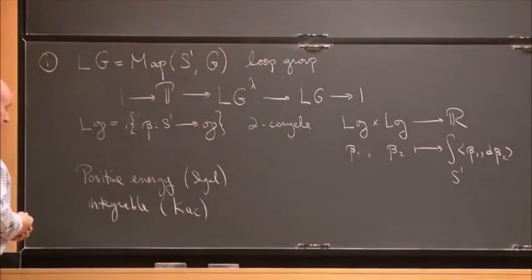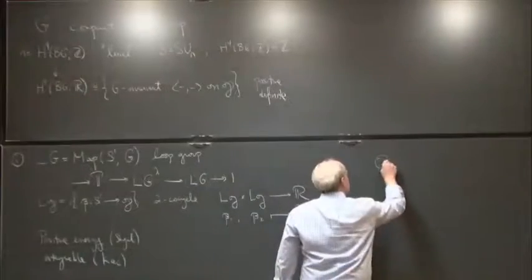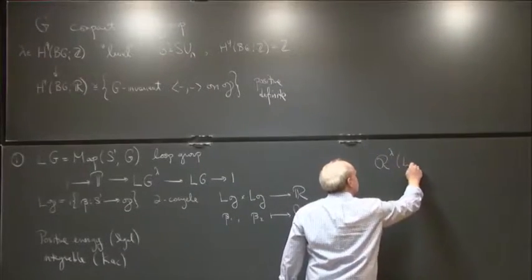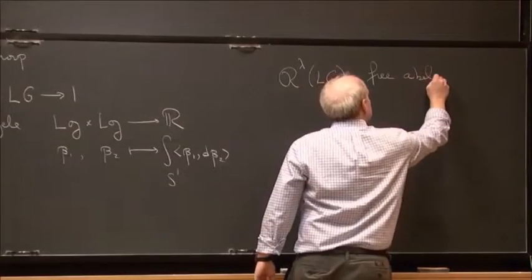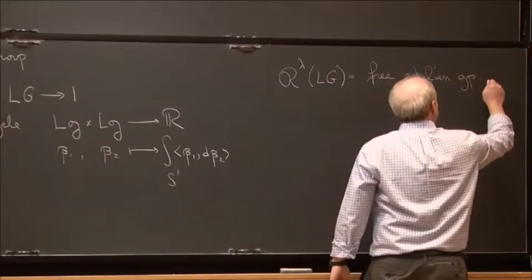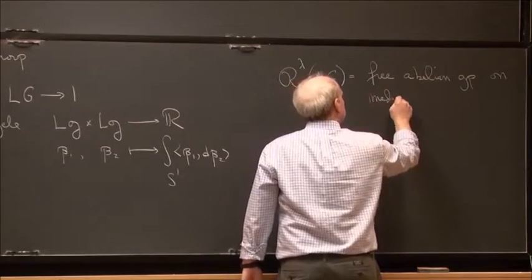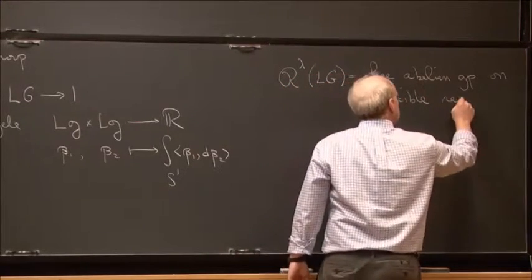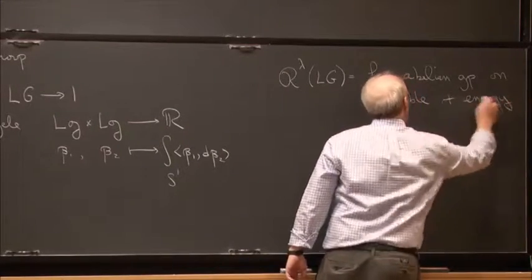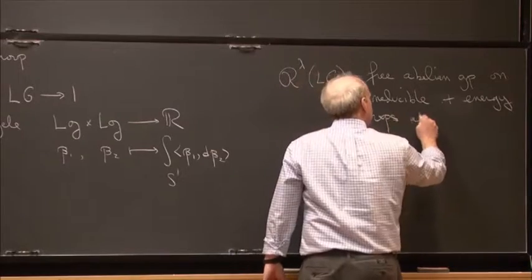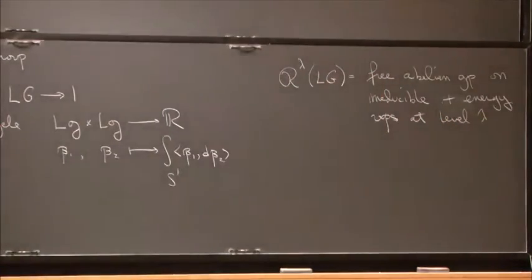They don't deform. And so let's introduce R lambda of LG. This is just the free abelian group generated by these irreducible positive energy representations at level lambda, meaning of this particular central extension.